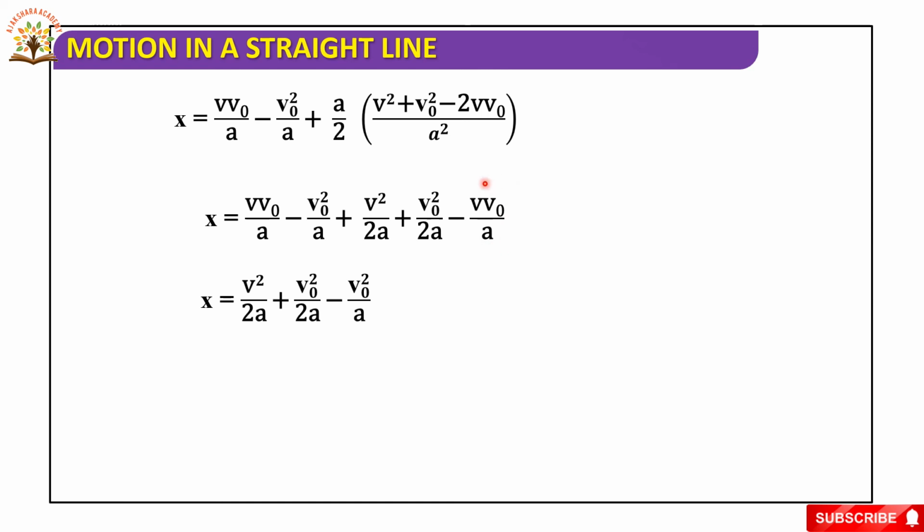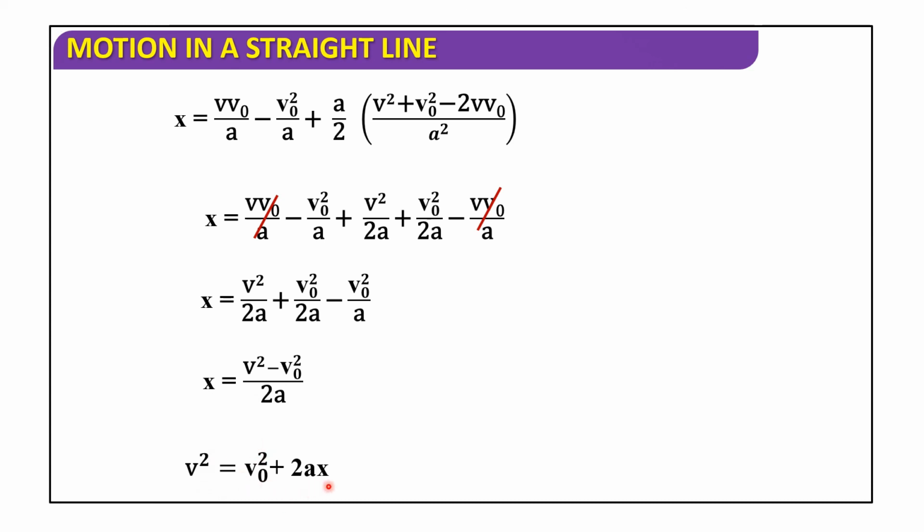The v v naught by a terms cancel. So x is equal to v square minus v naught square by 2a. After cross multiplication, v square minus v naught square is equal to 2ax, then v square is equal to v naught square plus 2ax.